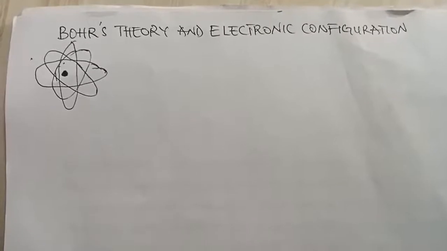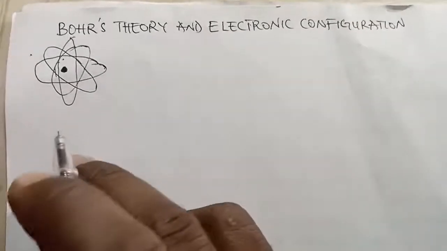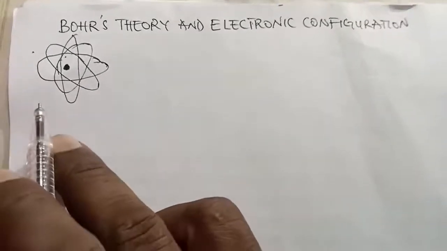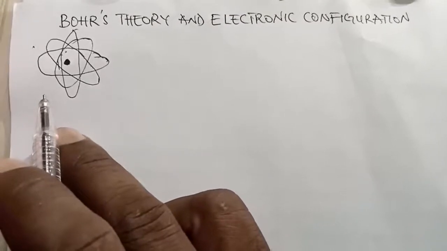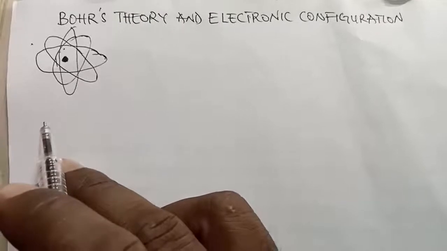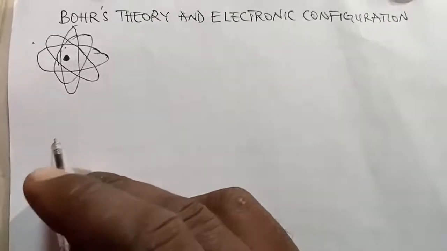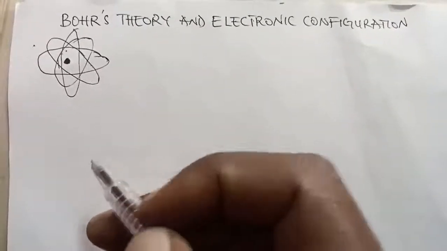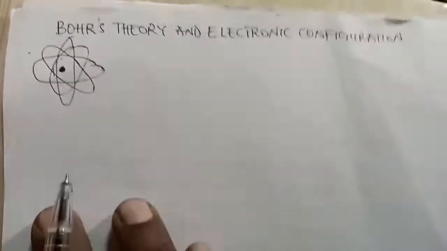The second is that as long as an electron remains in an orbit, radiation does not occur. The third one is that radiation only occurs when electrons move from a higher energy level to a lower energy level. So when they move from a higher energy level to a lower energy level, then radiation will occur.